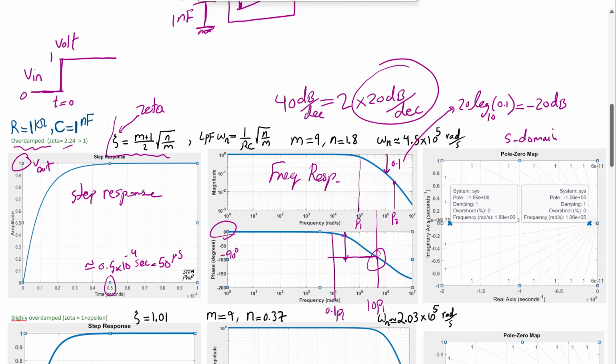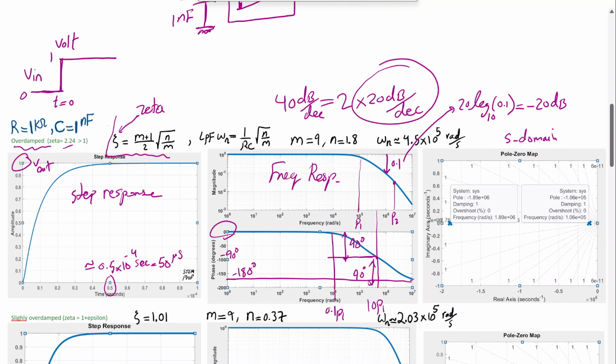By this time, given that the second pole is far away, we now see the impact of the second pole kick in, and we drop another 90 degrees because of the second pole, and by the time we are done with its impact, we are roughly at about negative 180 degrees.